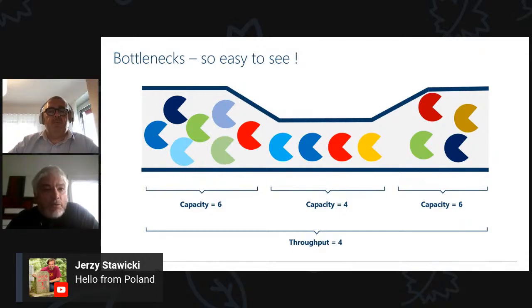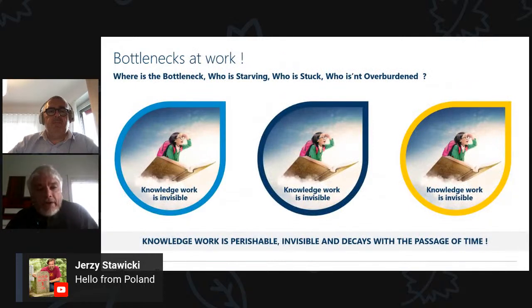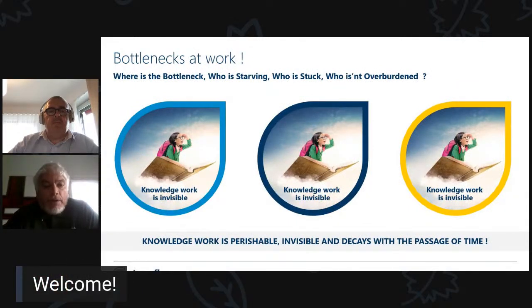And this is what we do. Why? Because knowledge work is invisible. You know, who's starving, who's stuck, who's overburdened, and most importantly, where is the constraint? And so far, TameFlow has the recipe to find the 3 types of constraint: the constraint in the workflow, the work process, and the work execution.